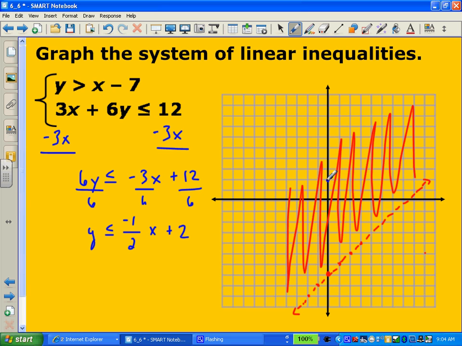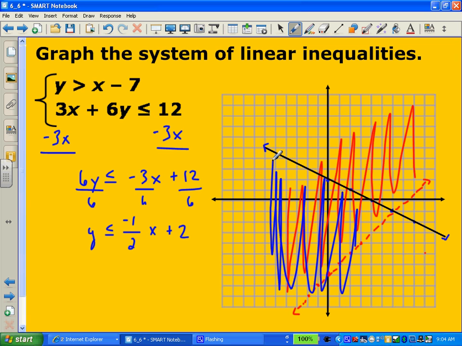So now I'm going to graph that one starting at 2, and going down 1 over 2. And that one's going to be a solid line. And that one is less than or equal to, so it gets shaded below.